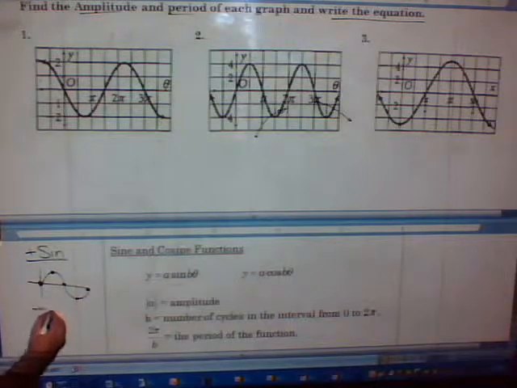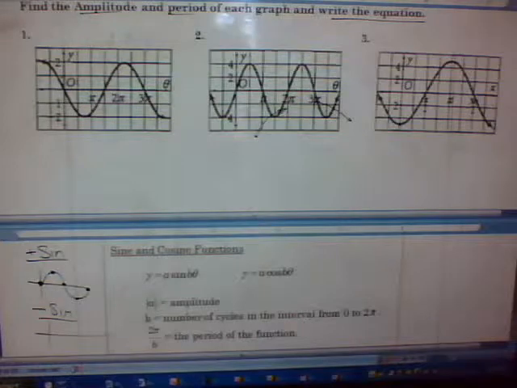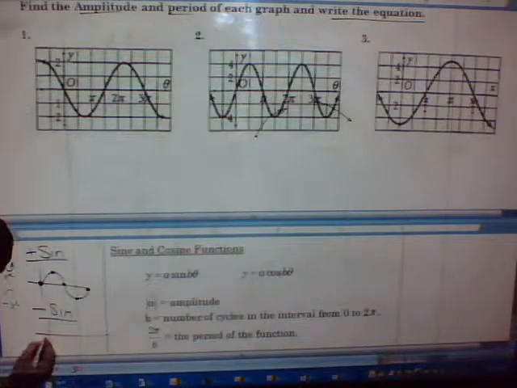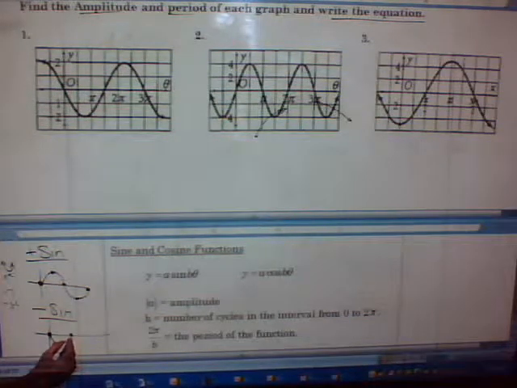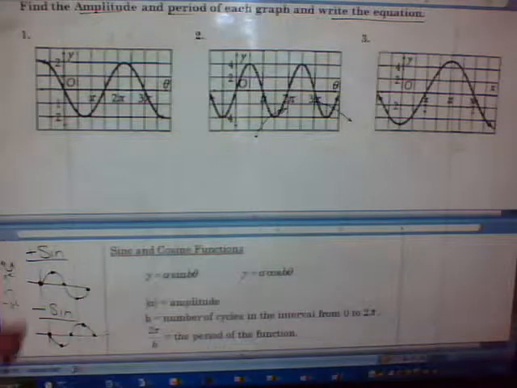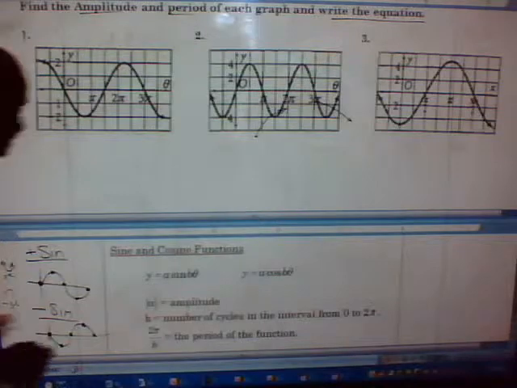If you put a negative in front of the sine graph, just like if you put a negative in front of any graph, remember, the parabola opened up was x squared, and then down was negative x squared, it's just going to flip. So it's going to start at 0, go down to negative 1, go up to 0, go up to positive 1, and then back down to 0.